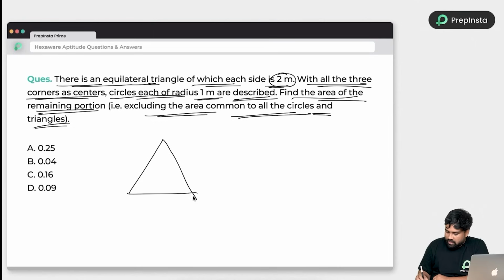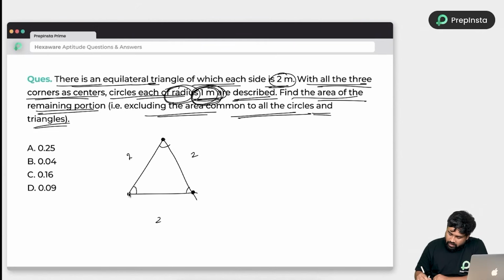So I have drawn an equilateral triangle, and in an equilateral triangle every angle is 60 degrees, right? And this is the length, 2 meters, 2, 2. And with the corners as centers, with 1 meter radius. See, radius or diameter, you need to take care very seriously.